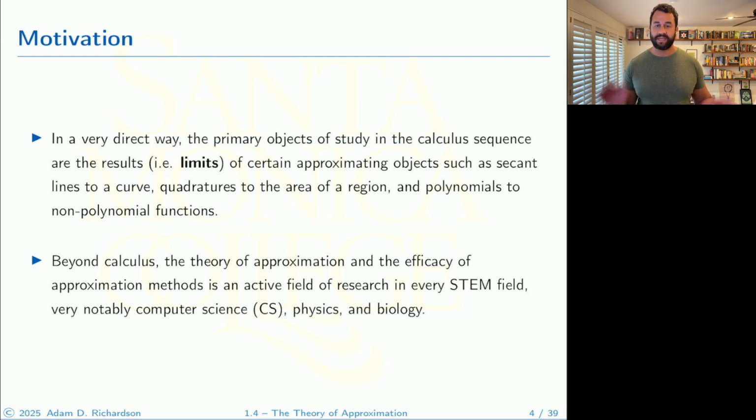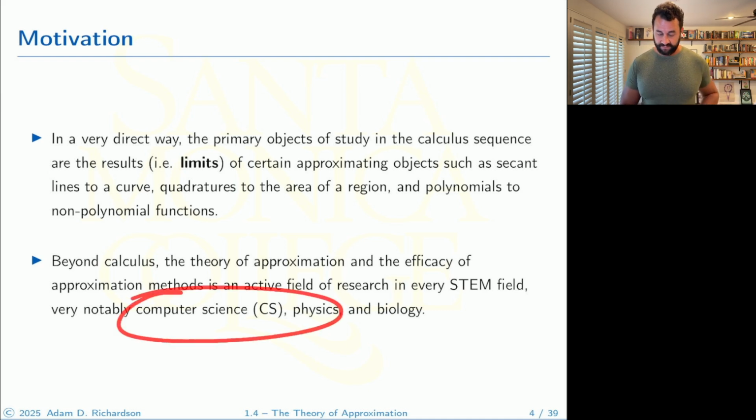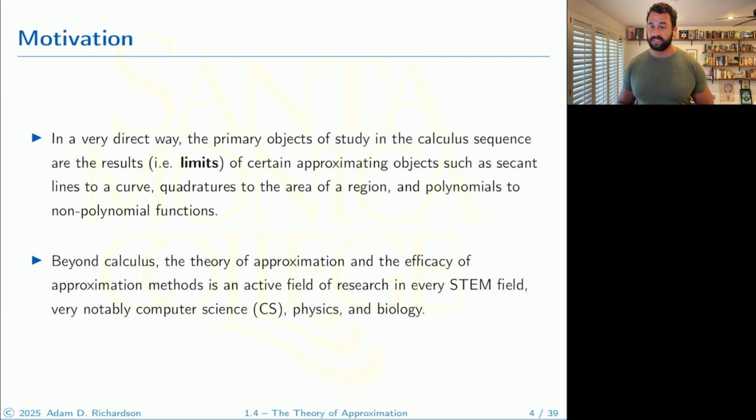Beyond calculus, there's a lot more use of the theory of approximation and the efficacy of approximation methods. It's an active field of research currently in every STEM field, in particular computer science, physics and biology. Computer science majors, you will study the theory of approximation a lot. A big reason for that is computers have to terminate their processes.